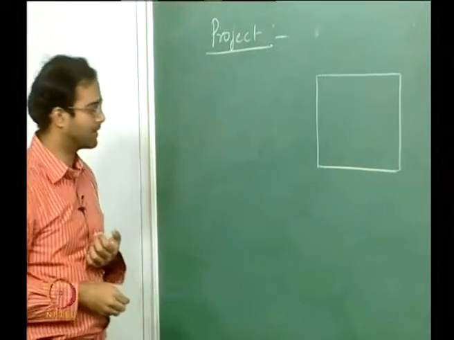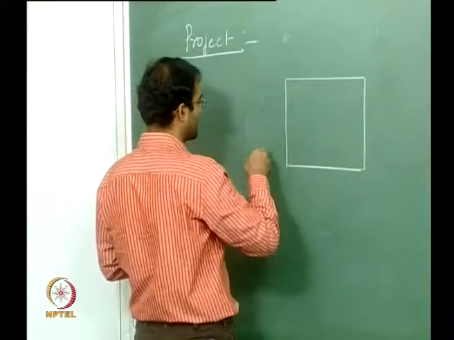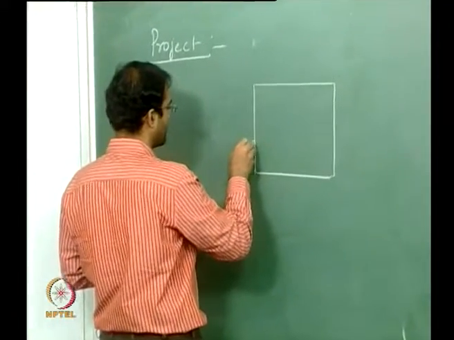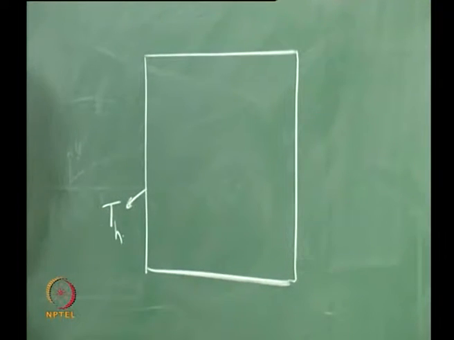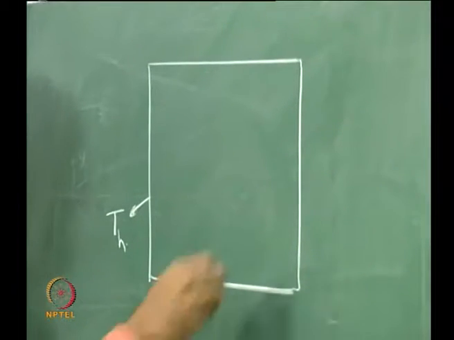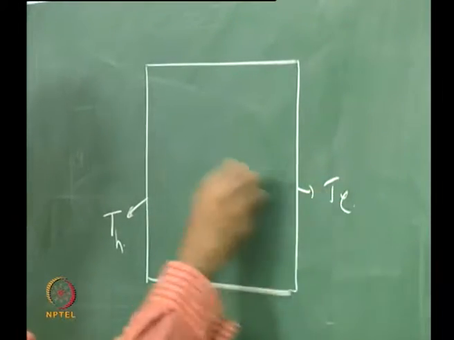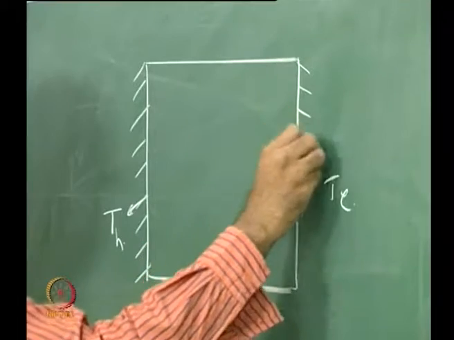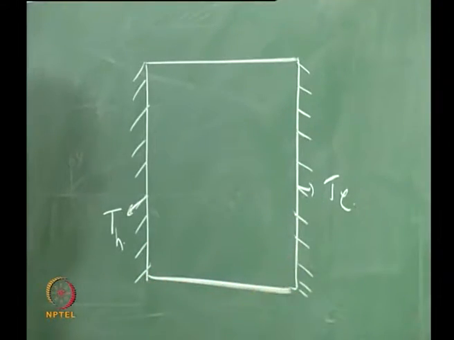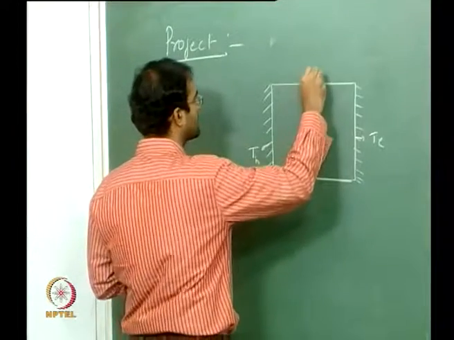It can have any aspect ratio, and you can consider that the left-hand wall of this cavity is given some temperature, higher than the right-side temperature. So this is a heated cavity, and the top and the bottom walls are insulated.